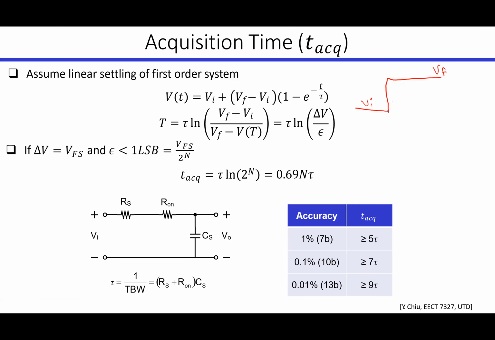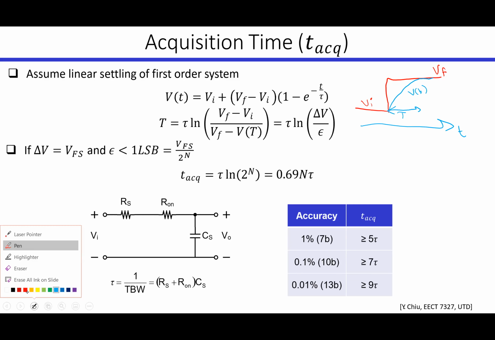This is the V of t at any point in time. The axis here is time t, and the time it takes for V of t to reach V final is capital T. At this time, this point is V of capital T.